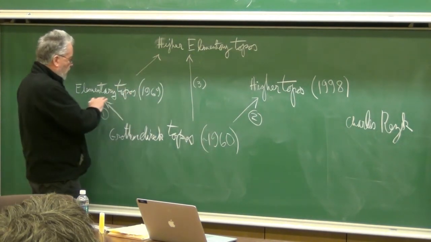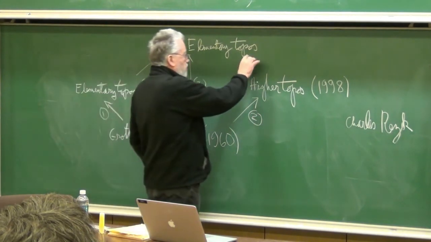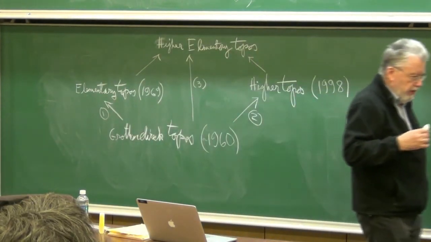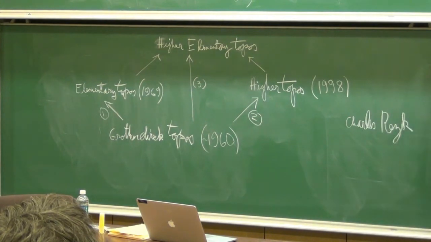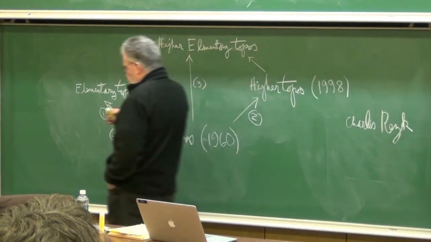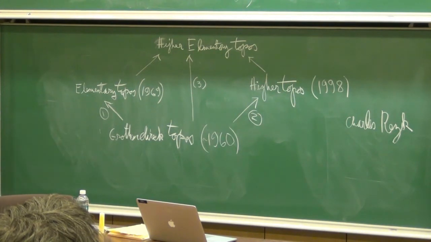It's inspired, of course, by the elementary topos. But it's also inspired by the homotopy interpretation of type theory that was discovered by Steve Awodey, Michael Warren, and Vladimir Voevodsky about 10 years ago.